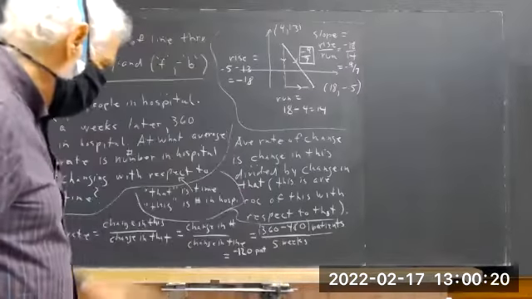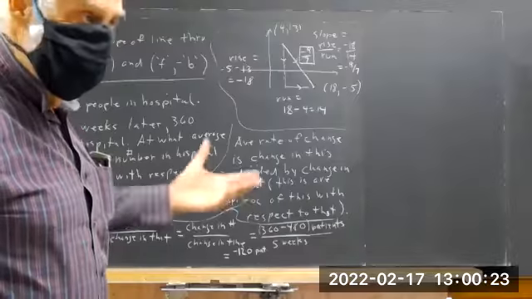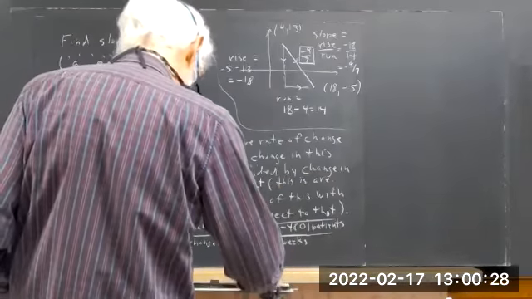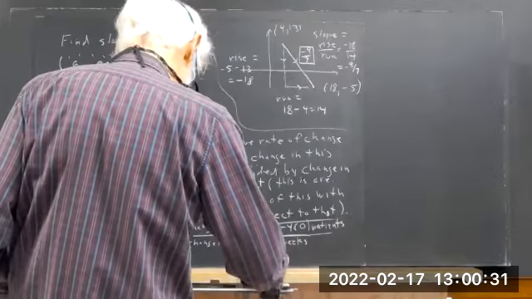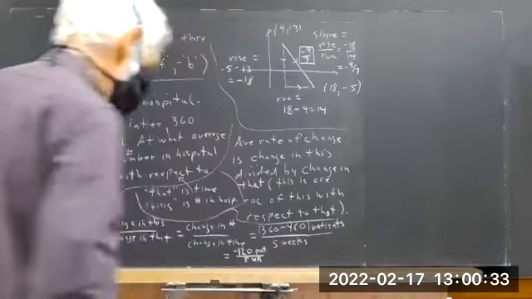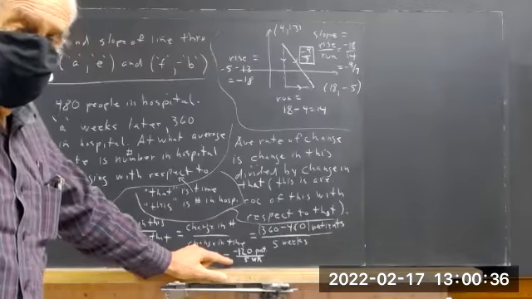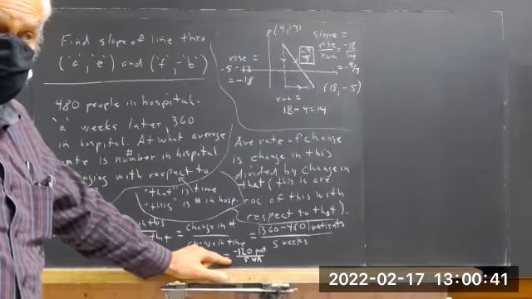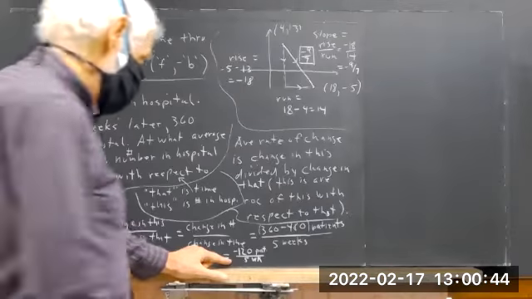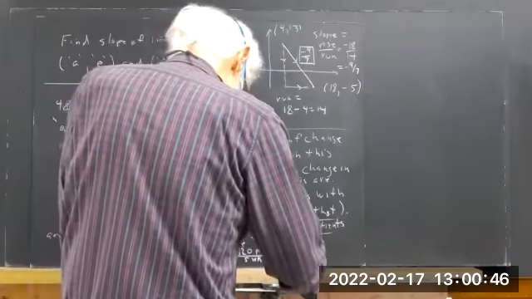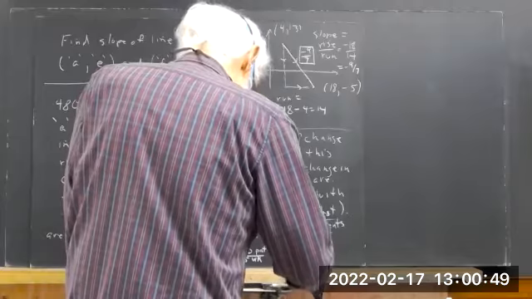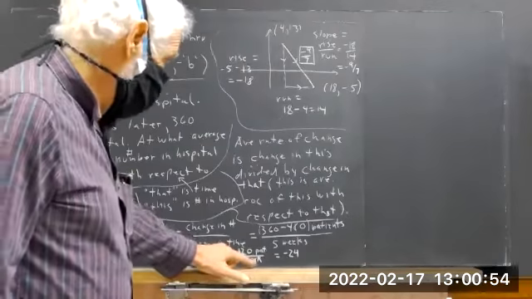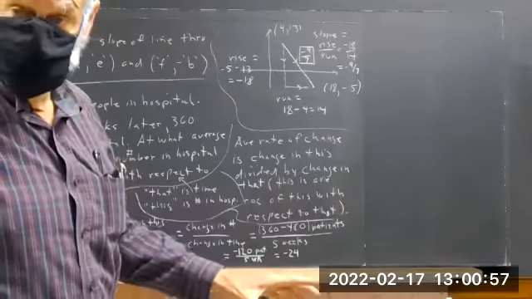I'll just abbreviate patients as PAT, okay? Divided by 5 weeks. I wrote that pretty clearly because it's getting small. Can everybody see it? Okay. And that comes out negative 24. Negative 24 what? Patients over weeks, which we read as patients per week.